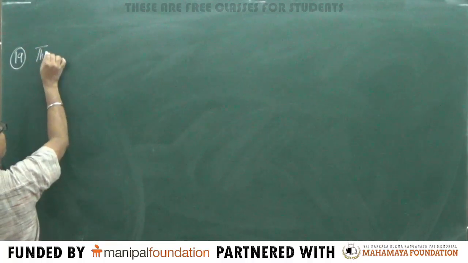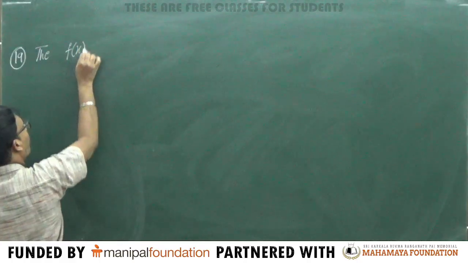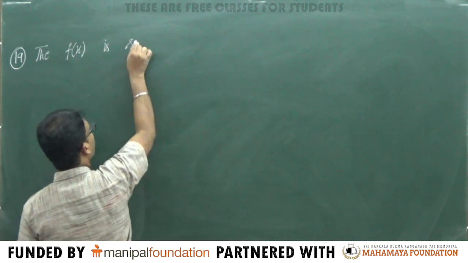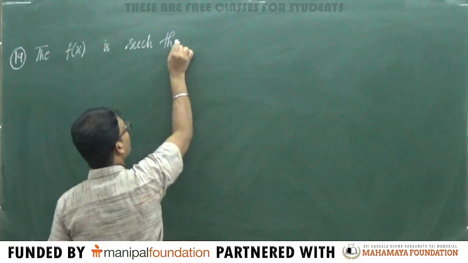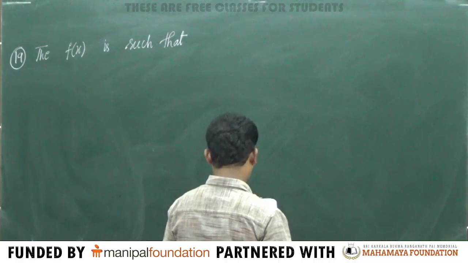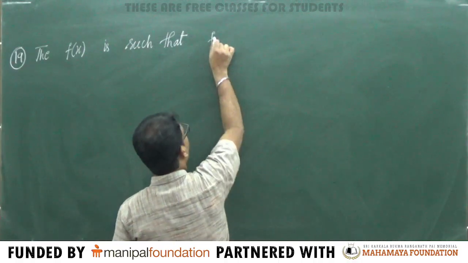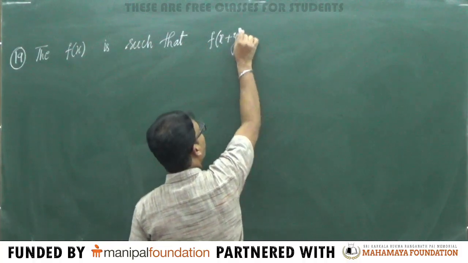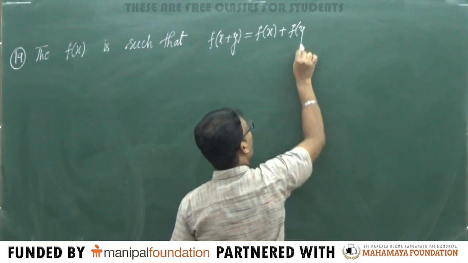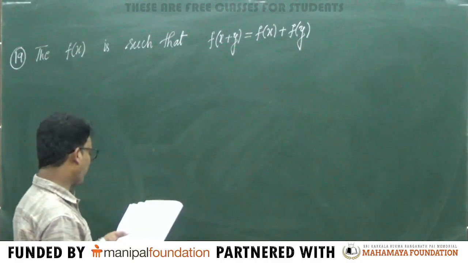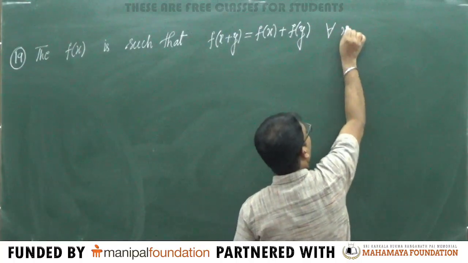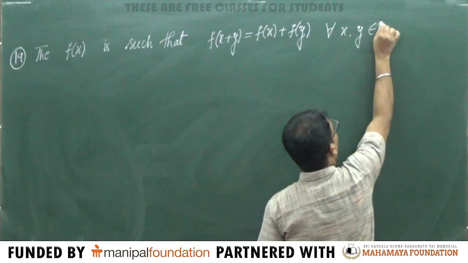The function f of x is such that f of x plus y is equal to f of x plus f of y for all x and y belonging to the set of all real numbers.